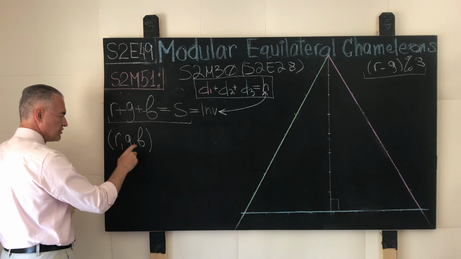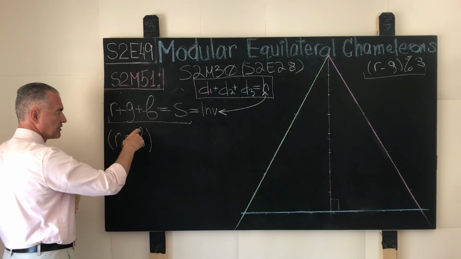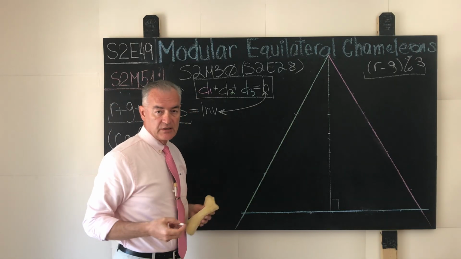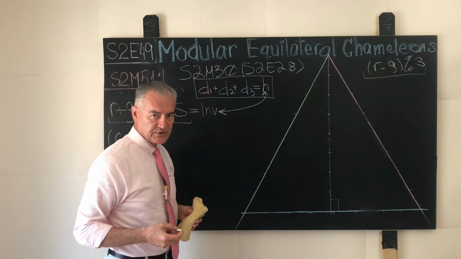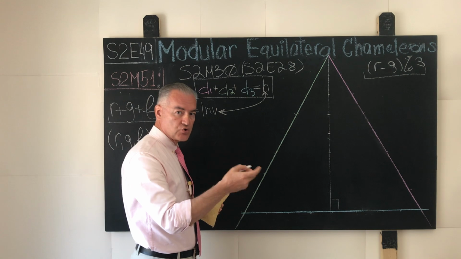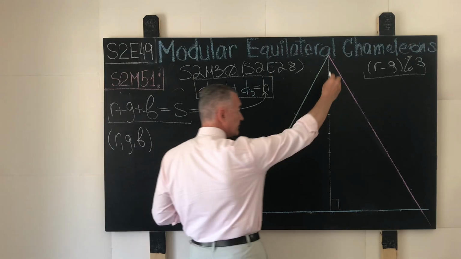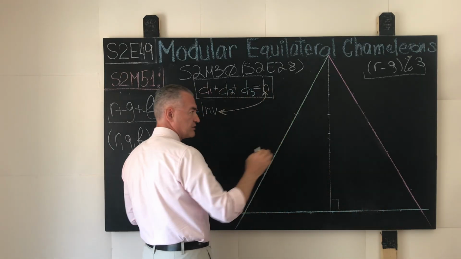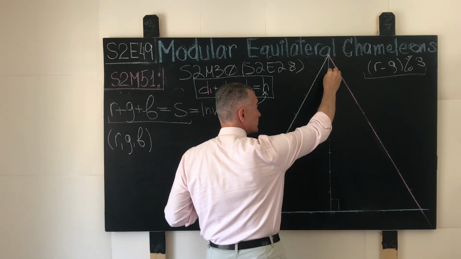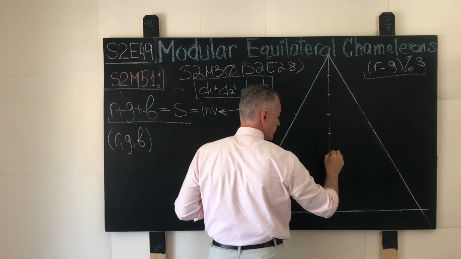Construct this sum, R plus G plus B, shown over here as S, and using nothing but the Euclidean straight edge and compass, construct a line segment that will be a height of the future equilateral triangle within which the whole geometric battle will unfold. Pretend that the triangle that you see over here does not exist. All we have right now is a height, which is precisely S units of length in size.